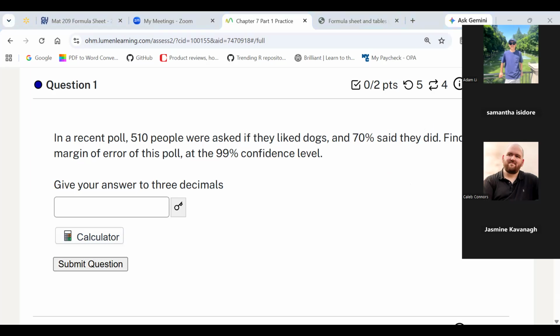When we give the final answer, is that assuming plus or minus? This one, we just do the margin error, right? We don't need to construct the confidence interval, just the margin error.